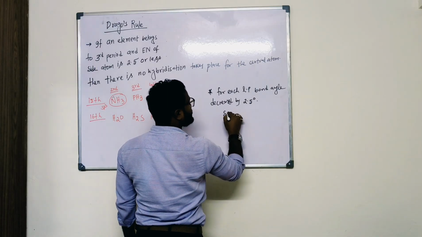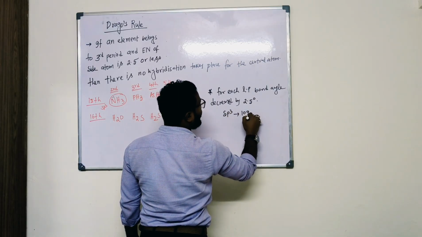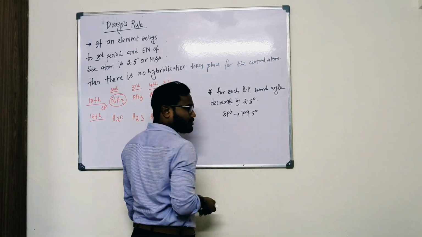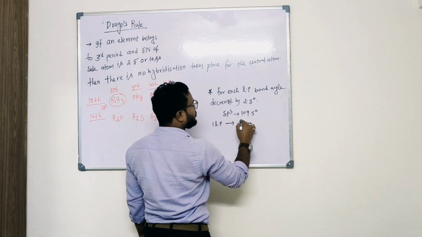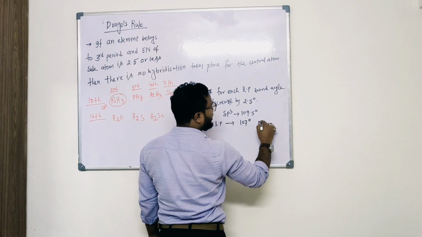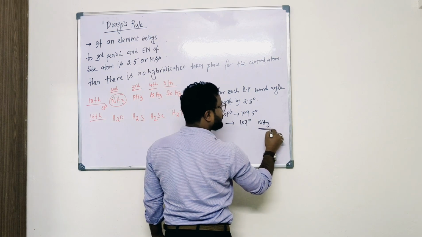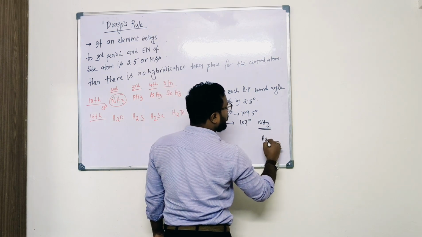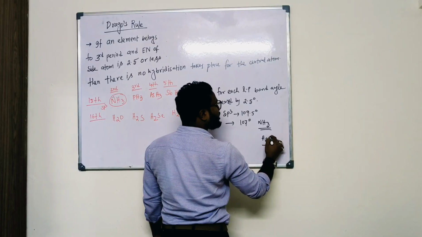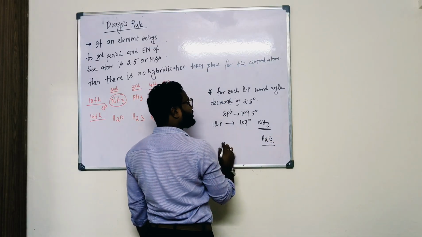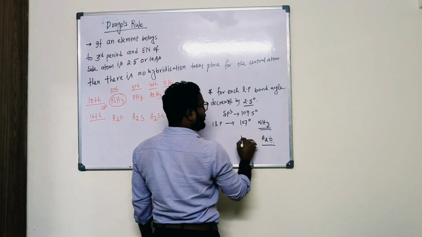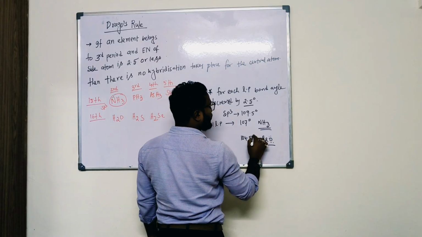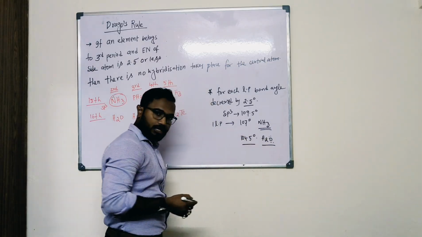So for sp3 we know the angle is approximately 109.5 degrees. If one lone pair comes, it will be near about 107 degrees. That happens for NH3. In the water molecule, oxygen has two lone pairs, so there is a decrease of 5 degrees from 109.5, and it becomes 104.5 degrees, its bond angle.